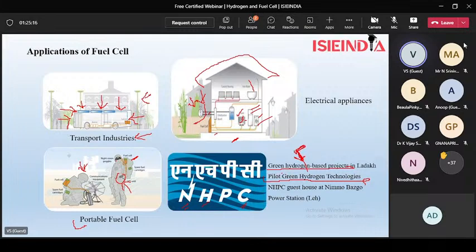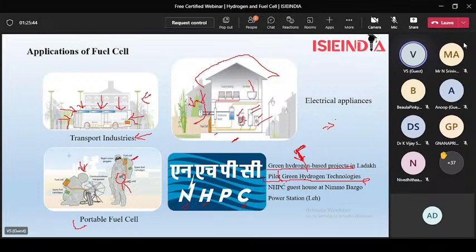So what is green hydrogen? According to how it is produced, hydrogen is classified into different colors. If we produce hydrogen from electricity, and that electricity comes from renewable sources, it is green hydrogen.